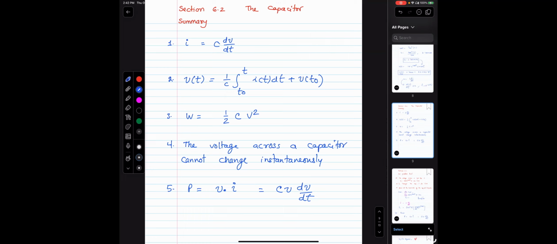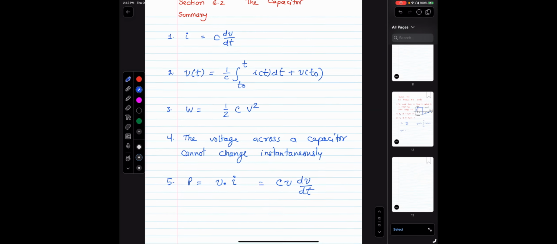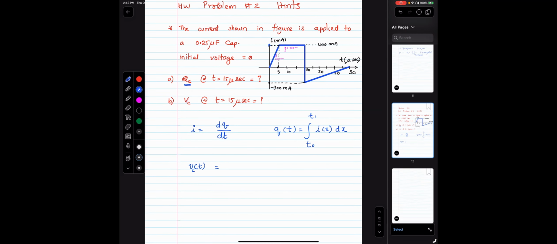Okay, so we can use 1 over C, integral from t naught to t of I of t dt, plus the initial voltage. Similarly, 1 over C integral from t naught to t of I of t dt.